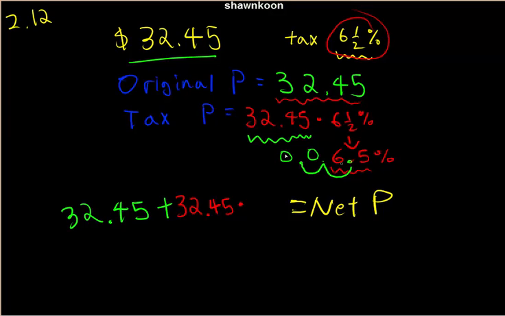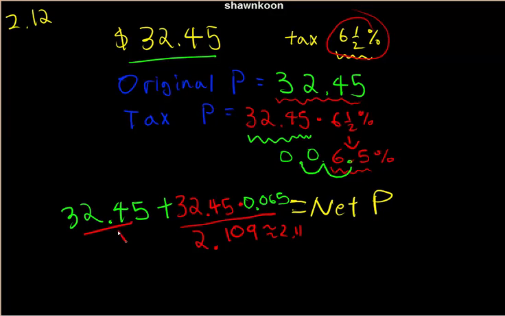So this 6.5% becomes 0.065, because I moved that dot to the left twice. If we do that, I get 2.109, which is 2.11 for this.